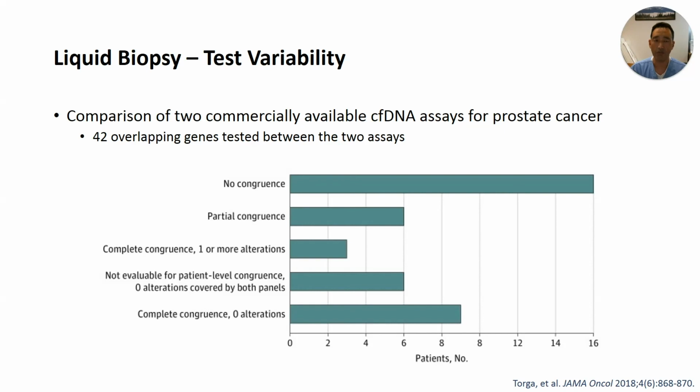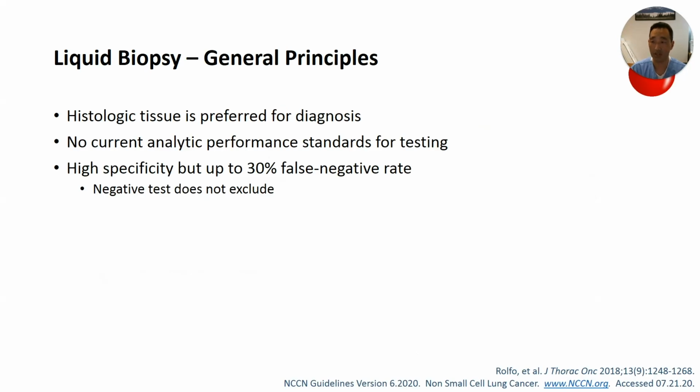Now, this is data from a prostate cancer study using liquid biopsies or blood tests using two different commercially available tests for circulating free DNA. But what you can see from this graph is that the congruence from these blood samples that were identical samples were not completely 100%. So I think one of the things that is a take-home message from this is that there may be variability in the sensitivity of the assays that we are using out there.